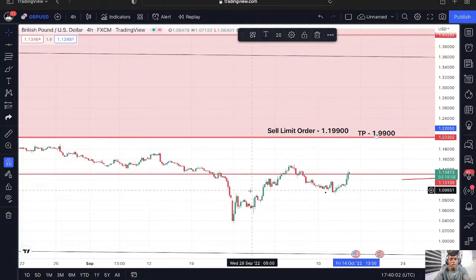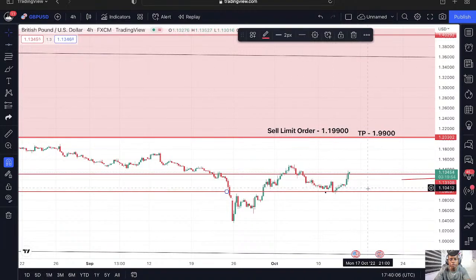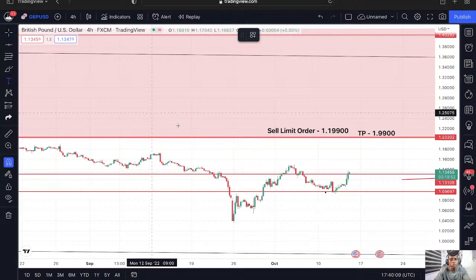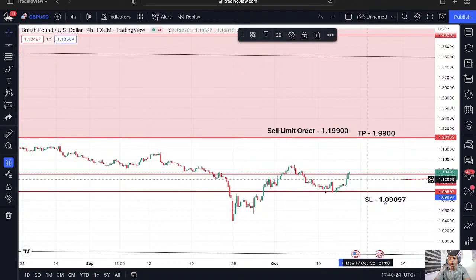Okay, and our stop loss would be the next support level, which will be here. That is if you are buying. All right, that's if you are buying, which is currently now.